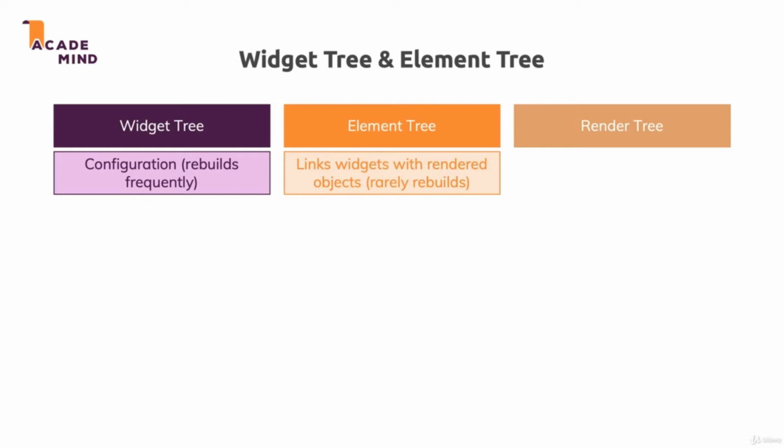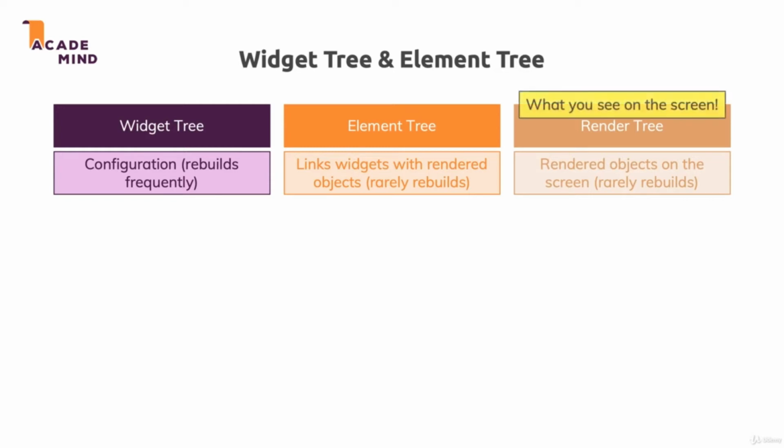Whilst that happens relatively often, the element tree is managed differently and does not rebuild with every call to the build method. It links the widgets, the configuration you set up, with the actually rendered elements, which are part of the render tree. So the render tree, in the end, you could say, is the representation of what really ends up on the screen, what you see on the screen. And that also is rarely rebuilt.